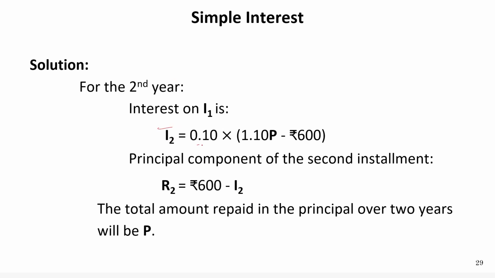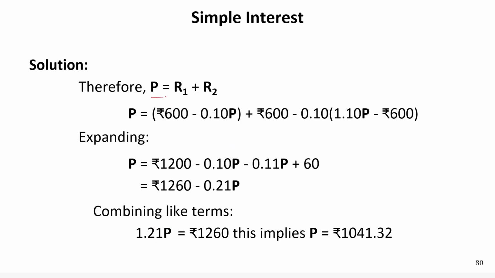So I2 will be what? 10% of the remaining amount, that is this much amount. So the principal component of the second installment is 600 minus I2. So the total amount repaid in the principal over 2 years will be P, right? So P is equal to R1 plus R2. So 600 minus 0.10p, plus 600 minus 0.10 into (1.10p minus 600).